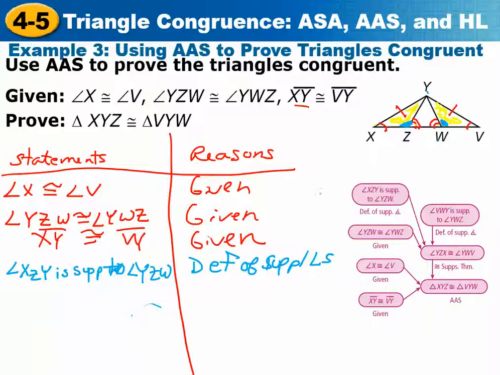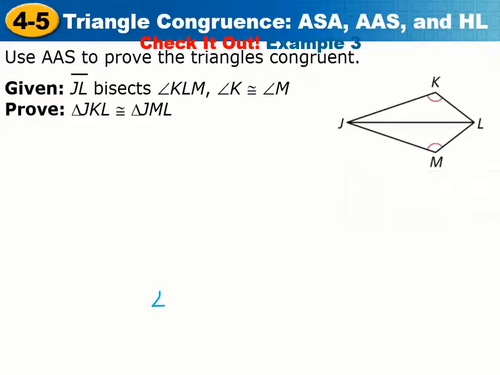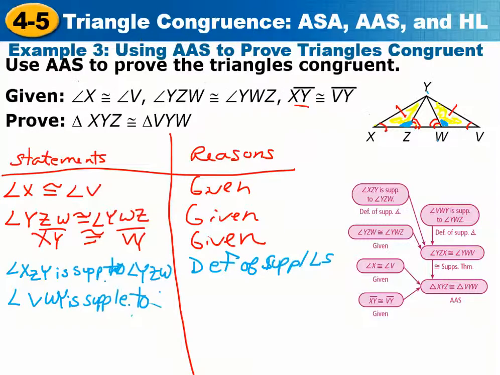Okay, and then I'm going to put the other one too. Angle VWY is supplementary, abbreviate that, to the one that they gave me, angle YWZ. And that's also a definition of supplementary angles.